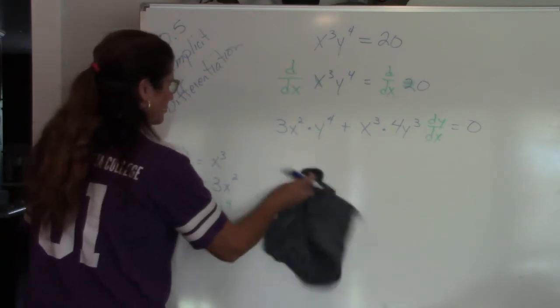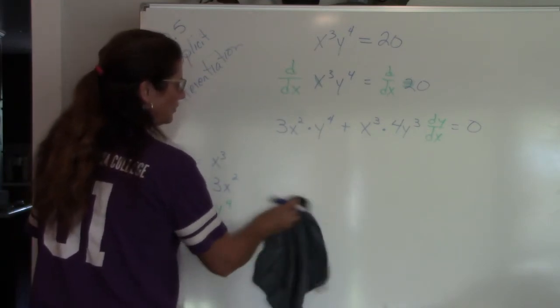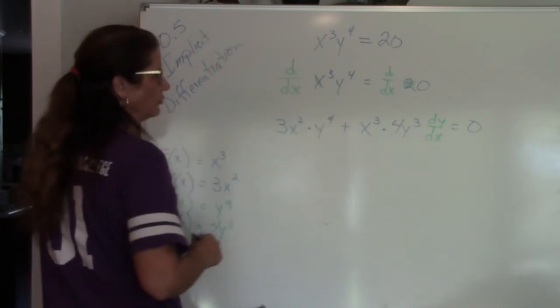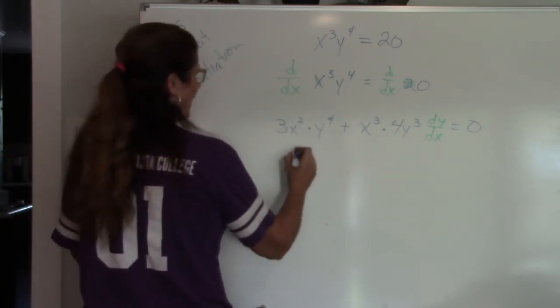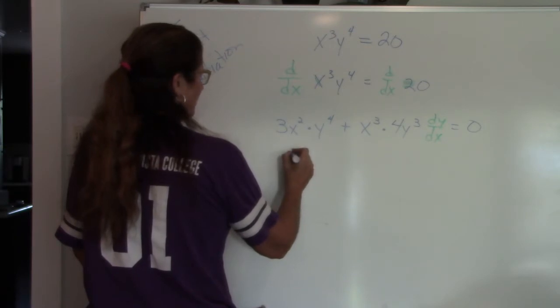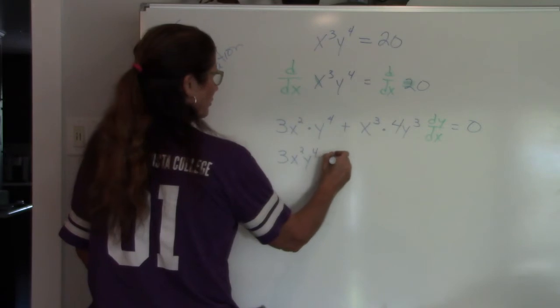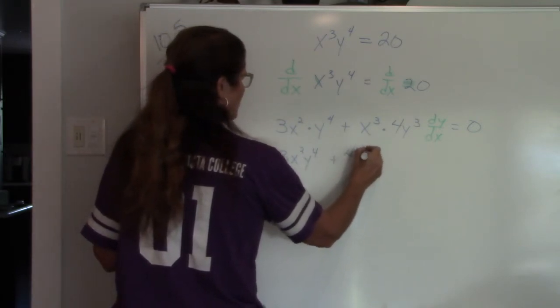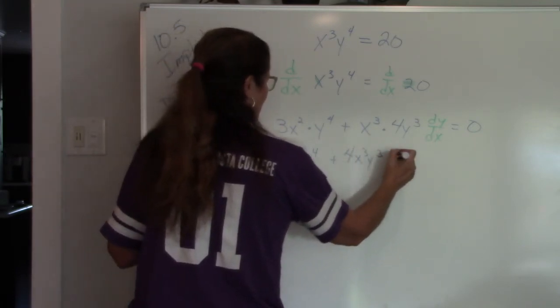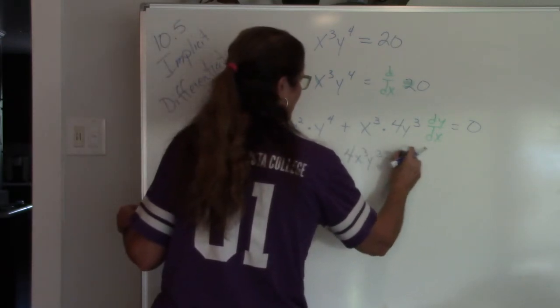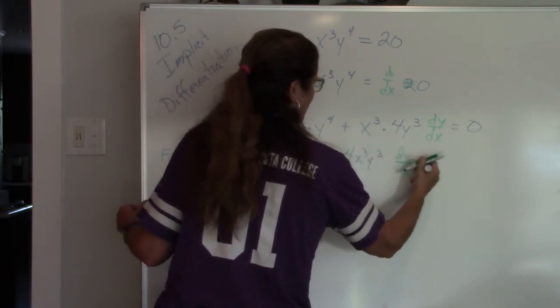And then the derivative of 20 is 0. Okay? So now we can simplify as much as possible, and we are solving for dy dx. I'm going to rewrite this. So we have 3x to the second, y to the fourth, plus 4x cubed, y cubed, dy dx equals 0.